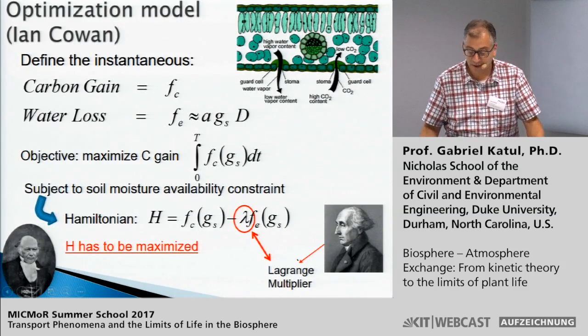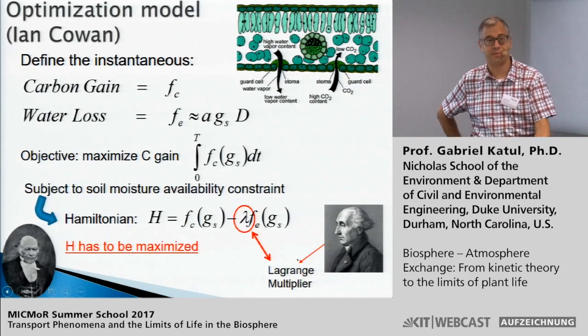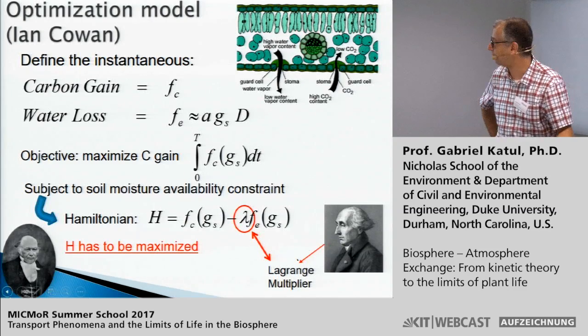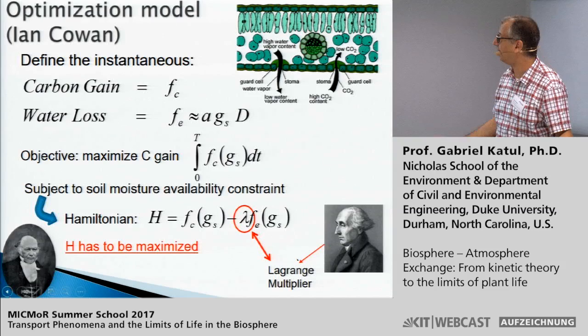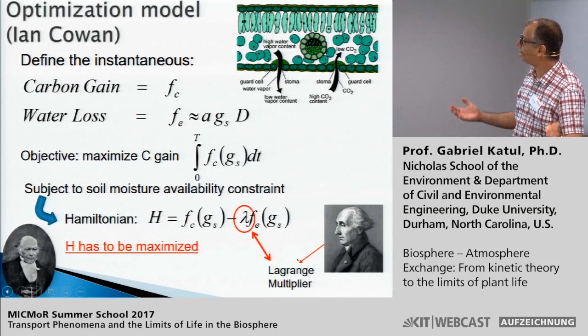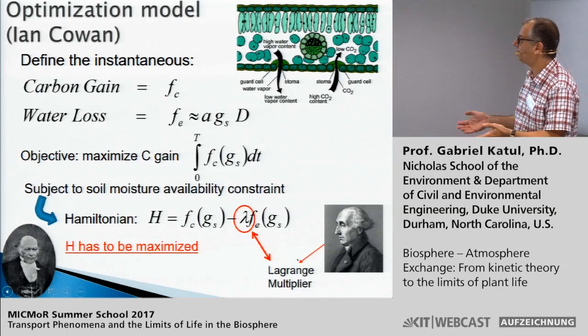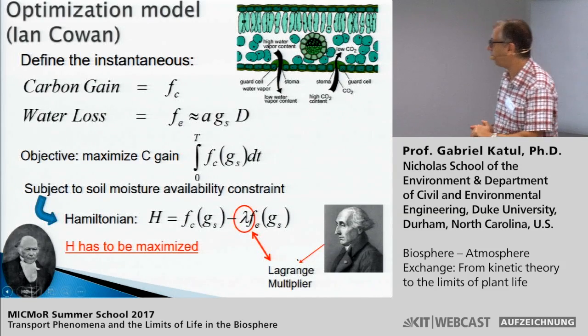Now, a different line of attack was taken on this problem, initiated by Ian Cowan, who John Finnegan just told me passed away recently, unfortunately. Ian came up with a very nice idea of formulating this closure problem in a way that seems to be less ad hoc and perhaps is rooted in a more general ecological hypothesis.